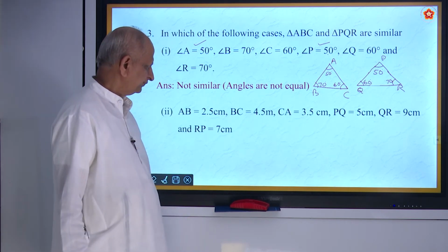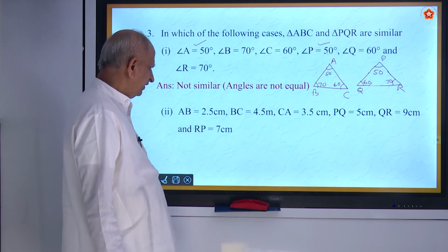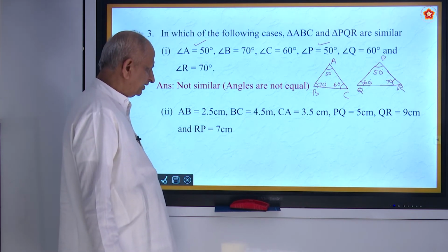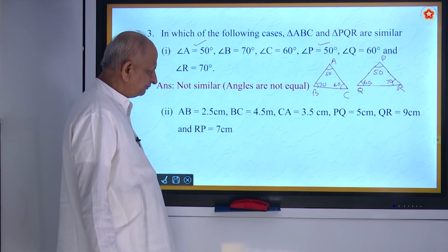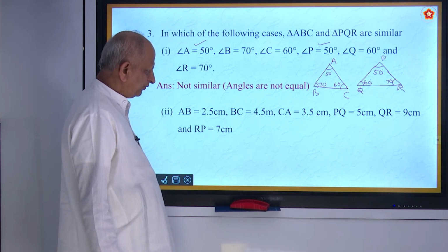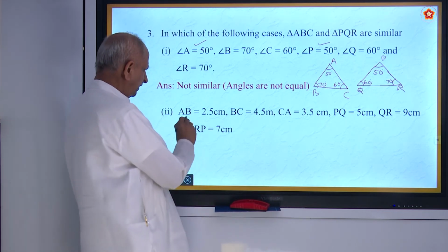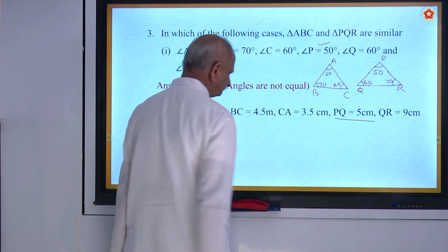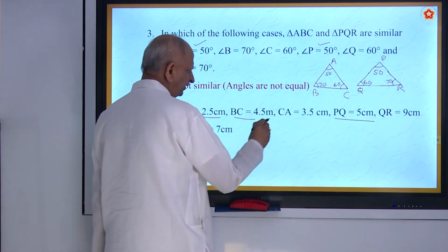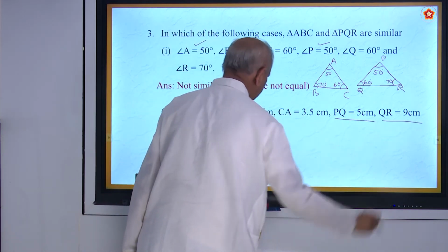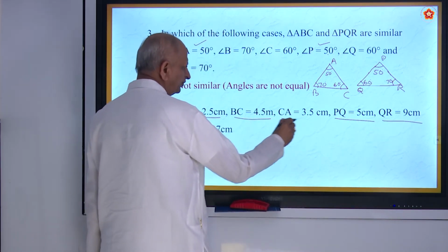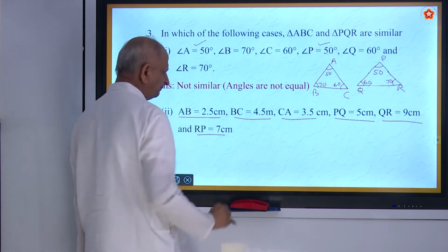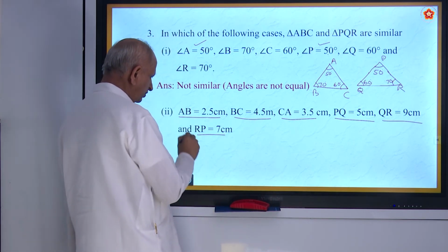Second case, sides AB, BC, CA are given, PQ is given, PQ is 5. So AB and PQ are proportional, BC and QR are proportional, CA and RP are proportional.